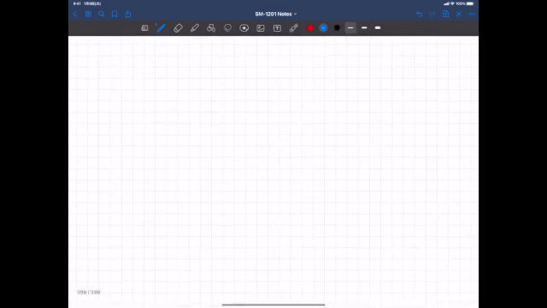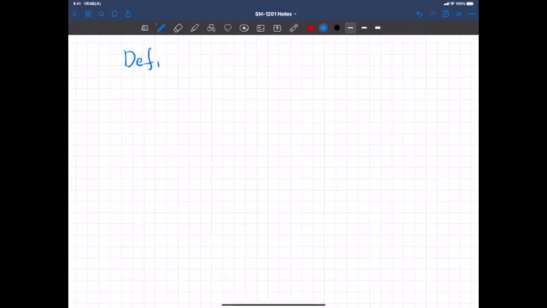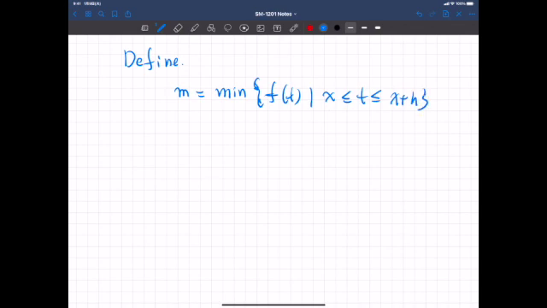Okay, and now let us define the following quantities. Lowercase m as the minimum of the values of f of t, where t is between x and x plus h, including both x and x plus h, and capital M as the maximum value of the function in the same interval.